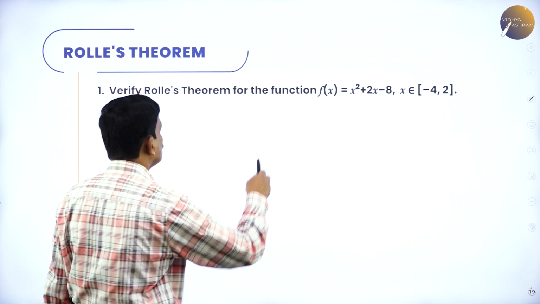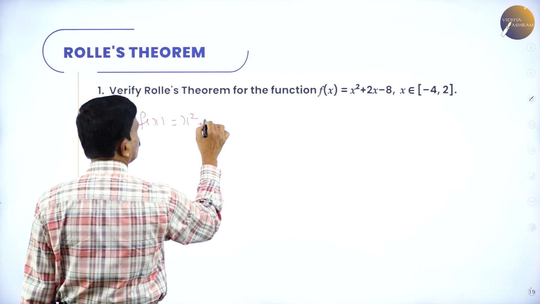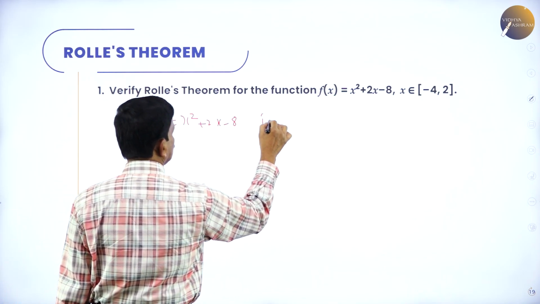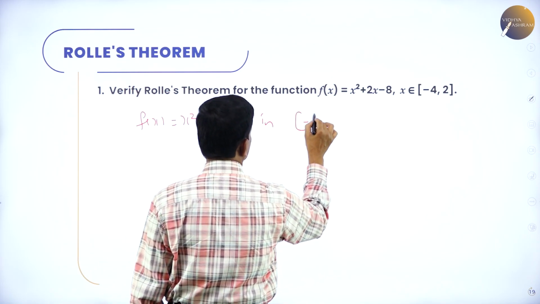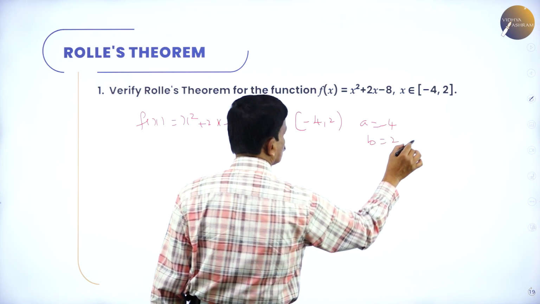Take this. Verify Rolle's theorem for the function f of x is equal to x square plus 2x minus 8 in, what is the interval given? Minus 4 comma 2. a is equal to minus 4, b is equal to 2.